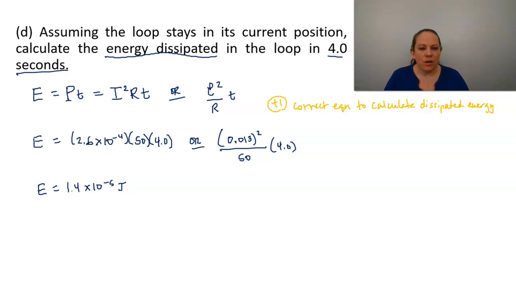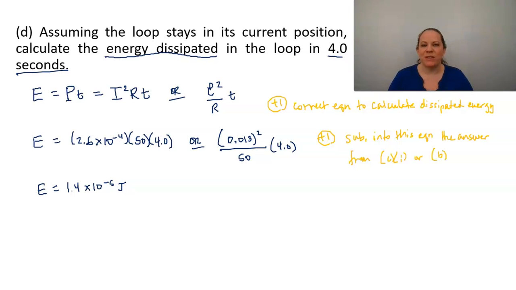And our second point is going to come from substituting into this equation the answer from C part 1 or from part B, depending on which way you did the calculation.